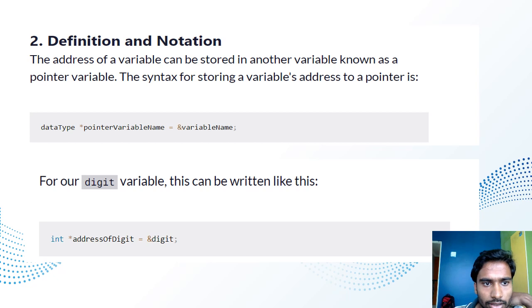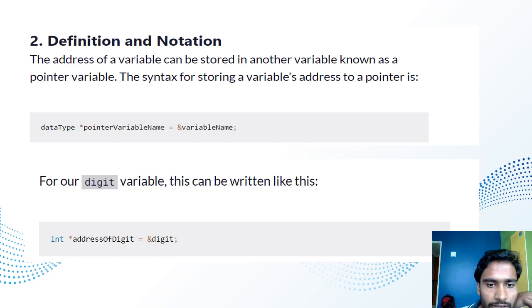Definition and notation. The address of a variable can be stored in another variable known as a pointer variable. The syntax for storing a variable's address to a pointer is: data type, star, pointer variable, equals, ampersand, variable name.